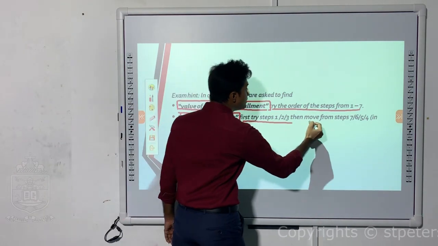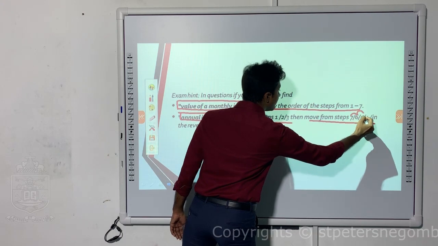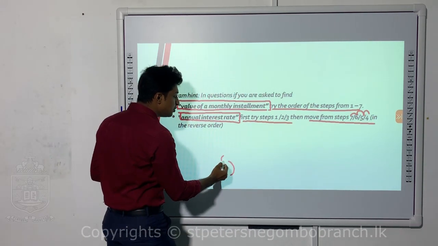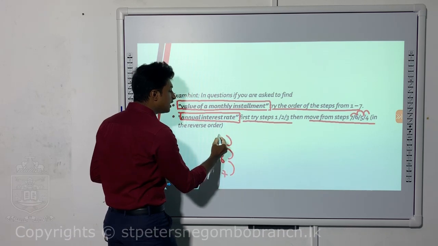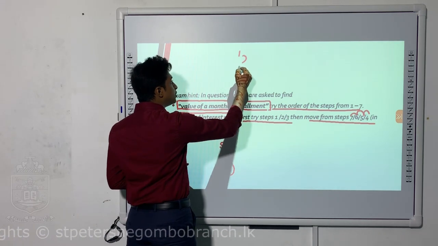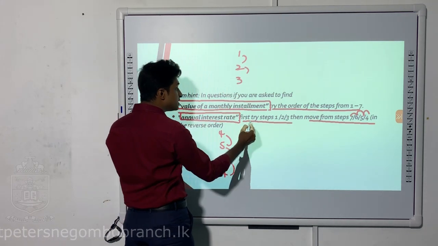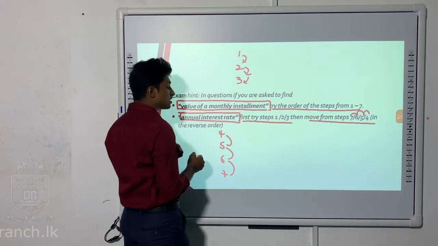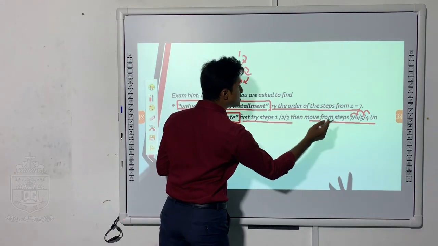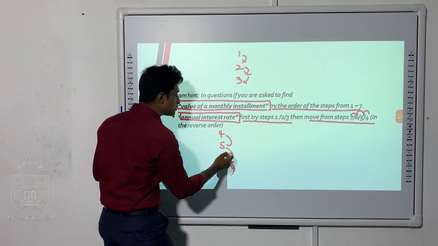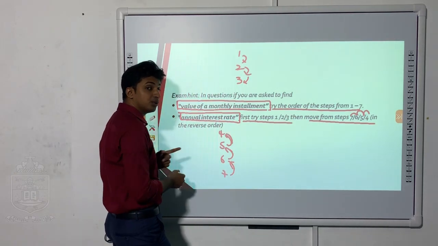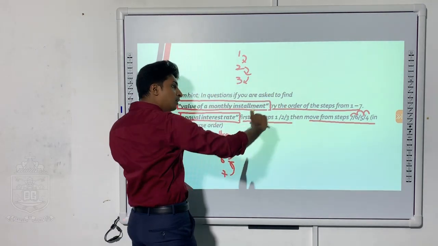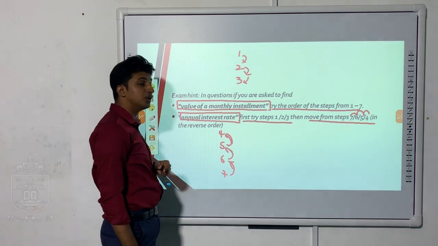Then move from step 7 to 6, 6 to 5, 5 to 4, in that direction. When all these steps culminate in the middle, you will get the answer for the annual interest rate.